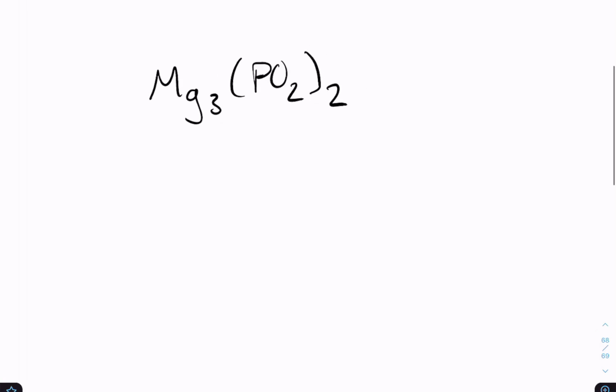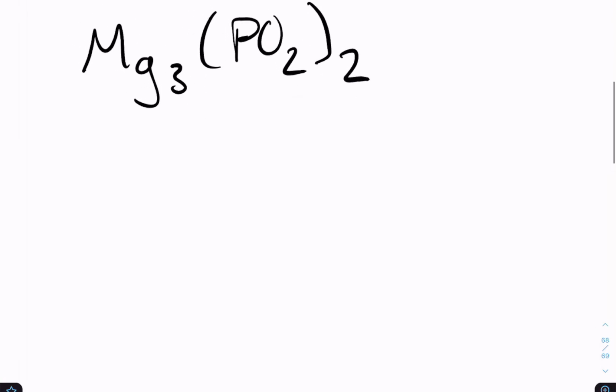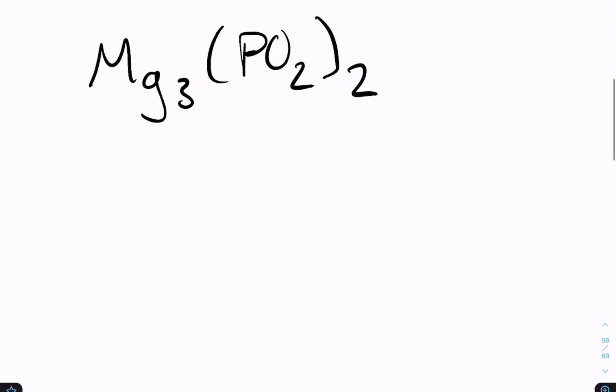Let's get the formula mass for, wait, no. All right, so can anybody name this compound quickly?